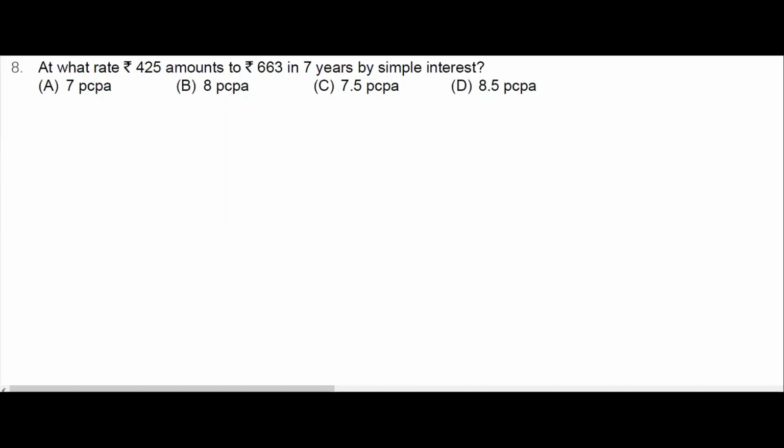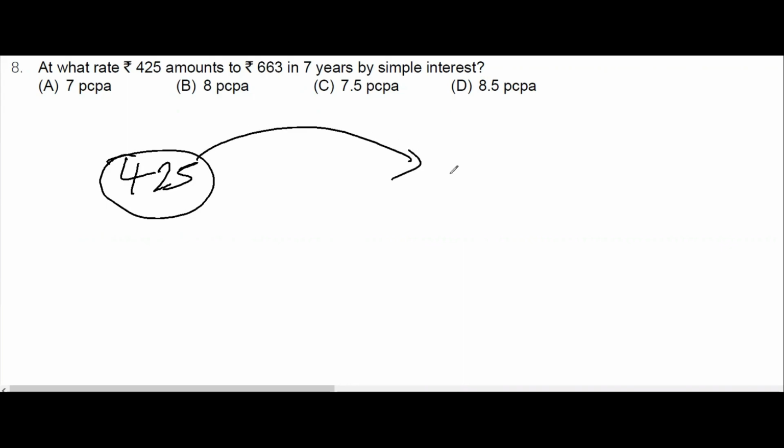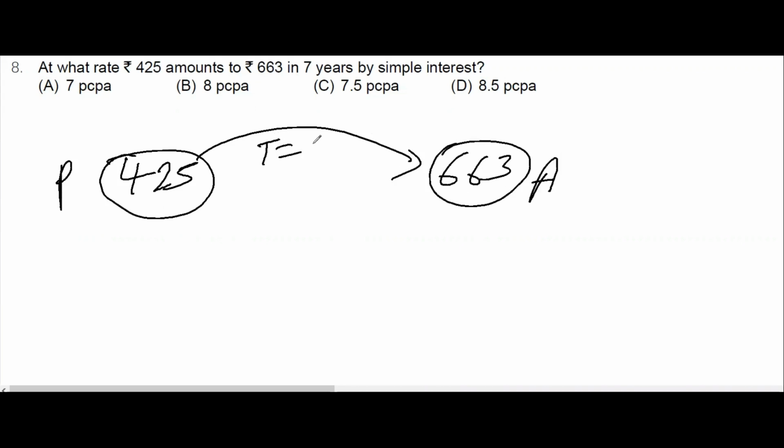At what rate do rupees 425 amount to 663? It means initially it was 425. This was the principal amount, amounting to 663. So this will be your principal, this will be your amount, and the time given is 7 years by simple interest. So you have to apply the formula. Two formulas are there for simple interest: one is amount minus P, the second is PRT upon 100.